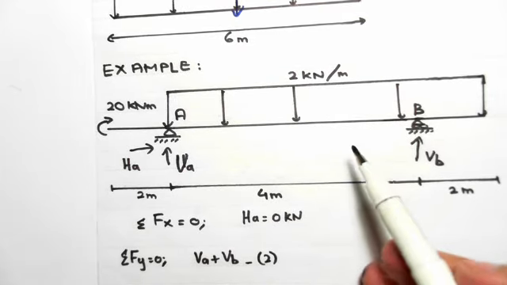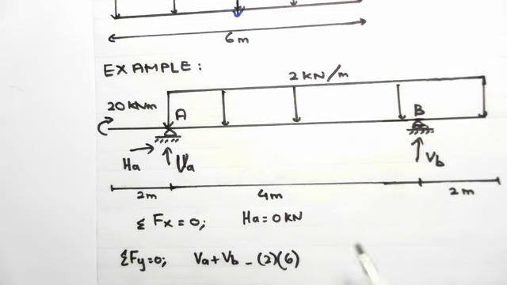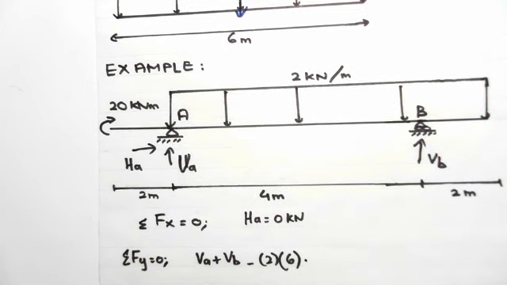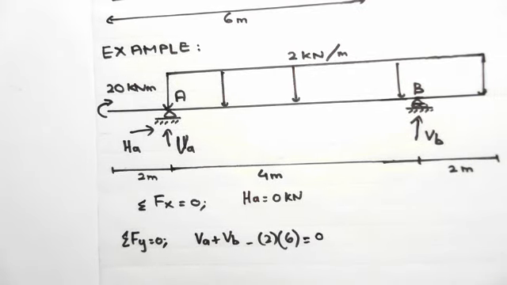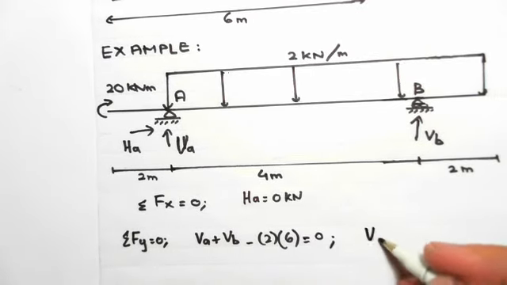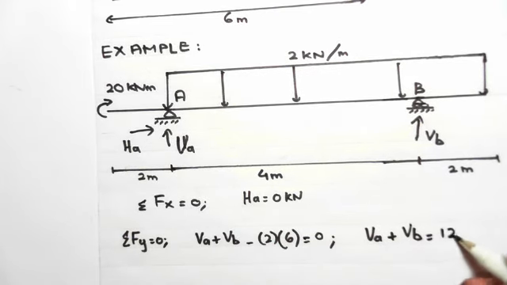So we have to convert the UDL into a concentrated load, so 2 times 6. We multiply by its span like I previously mentioned, so the span is from here to here. 4 plus 2 is 6, so minus 2, which is the UDL, times 6, which is its span. So now it becomes a concentrated point load equals 0. This means that VA plus VB equals 12.